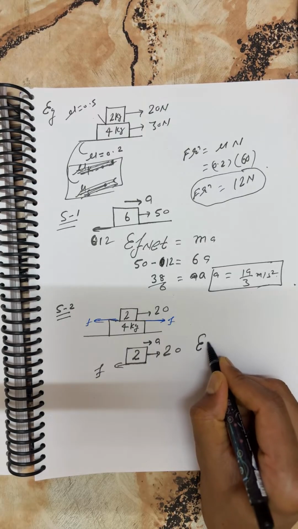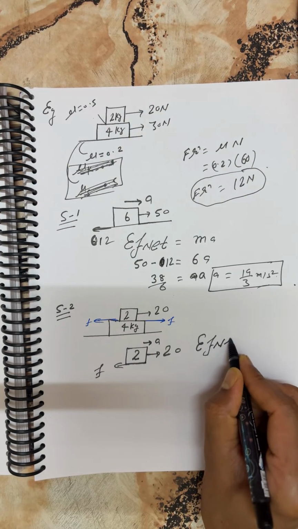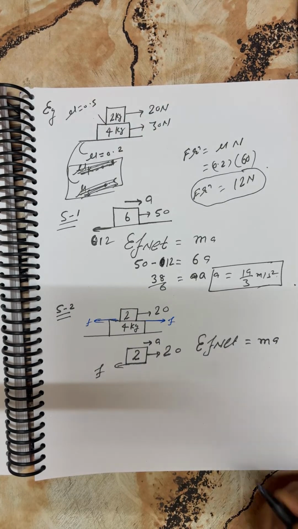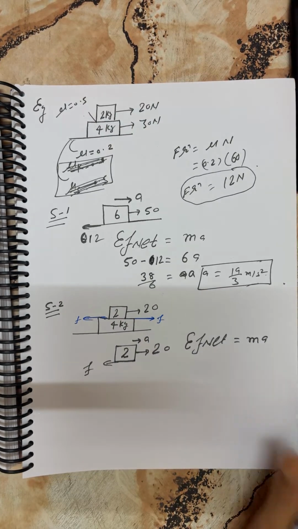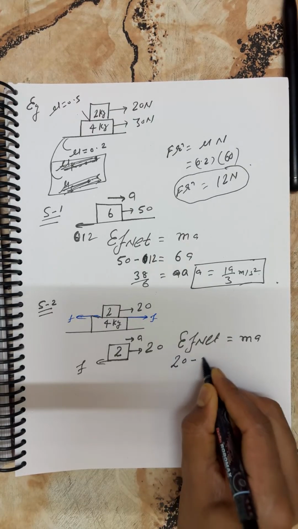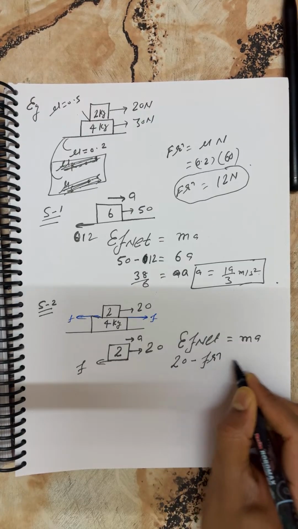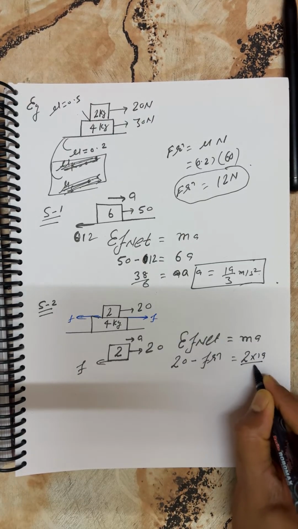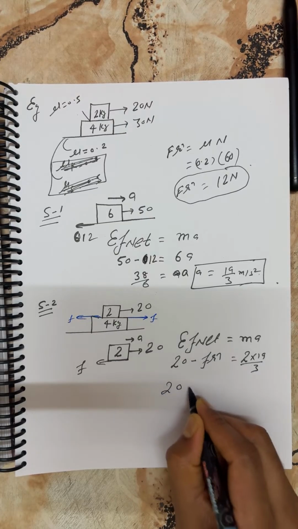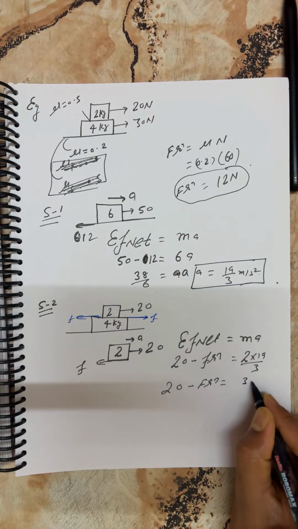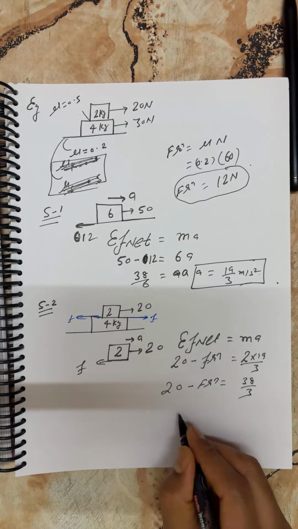Students, again you need to apply the equation of motion, second law, F net is equal to ma. So F net: 20 minus friction force is equal to 2 into 19 by 3. So 20 minus friction force is 38 by 3.